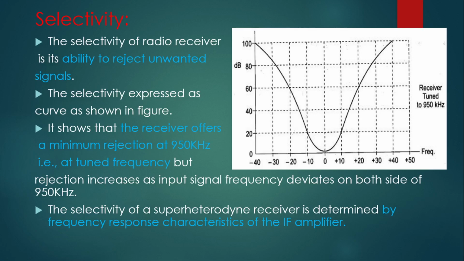So in this way, we studied three different characteristics which are important for any receiver: sensitivity, selectivity, and fidelity. In all, we started with the superheterodyne receiver by comparing it with the TRF receiver.